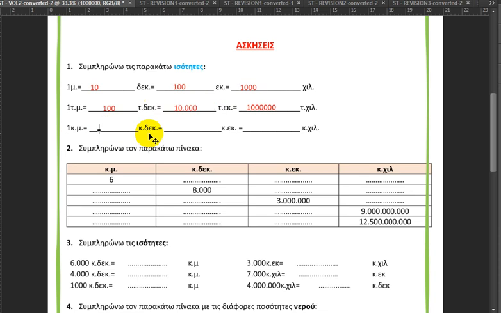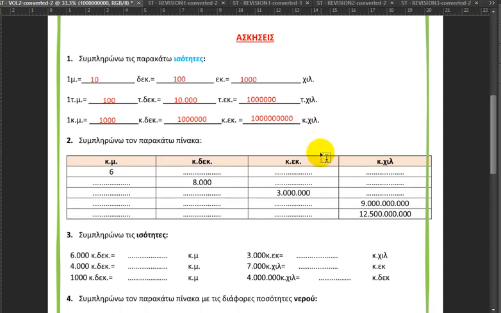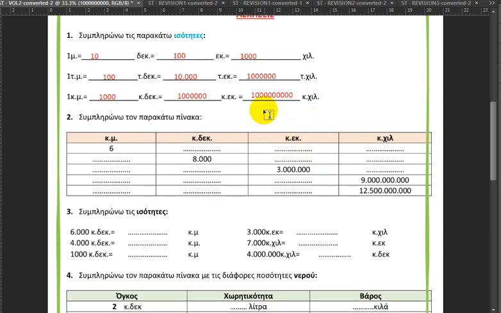And a cubic meter has 1,000 cubic decimeters, 1,000,000 cubic centimeters, and 1,000,000,000 cubic millimeters. Count the zeros. Let's make sure I didn't make any mistakes. 3 and 3 is 6, and another 3 makes 9.